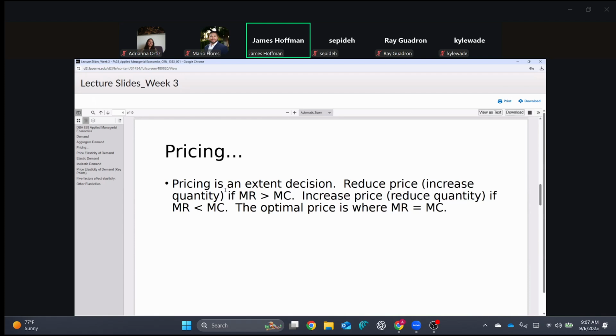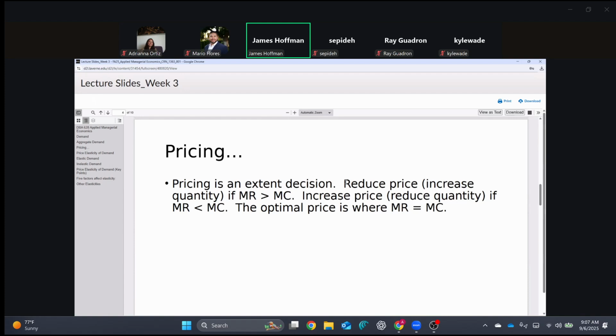Now, the same thing can be directly correlated to price, assuming you have direct control of your price, which sometimes you don't, but think that same logic. If marginal revenue is greater than marginal cost, right? You sell one more dozen of eggs, the revenue you get is more than the cost to produce it.